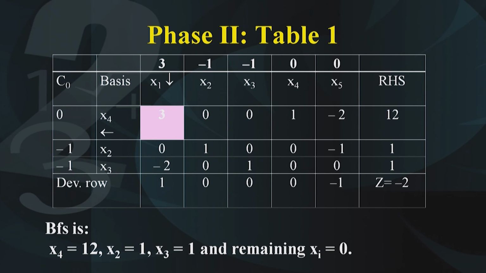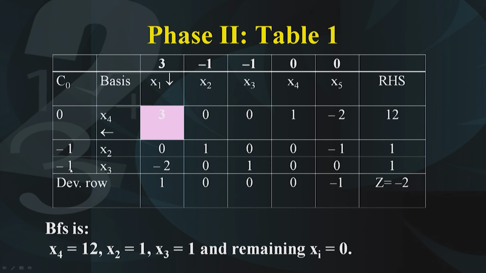All these entries are the same. What is the difference? The only difference is this top row has the coefficients corresponding to the original objective function, as well as these entries 0, -1 and -1.